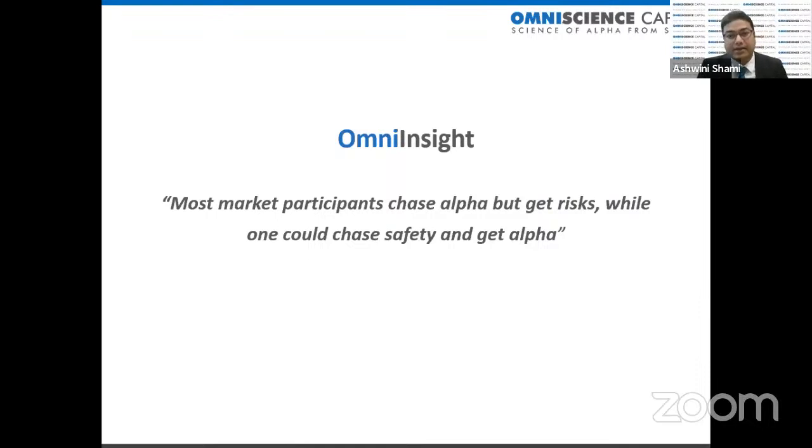they end up getting risk, right? They buy companies where they lose capital, they end up buying companies where they had a very bad experience of equity markets, and then they think that okay, this is very risky, and so obviously this is a risky asset class, and that's where the importance to focus on safety becomes paramount.